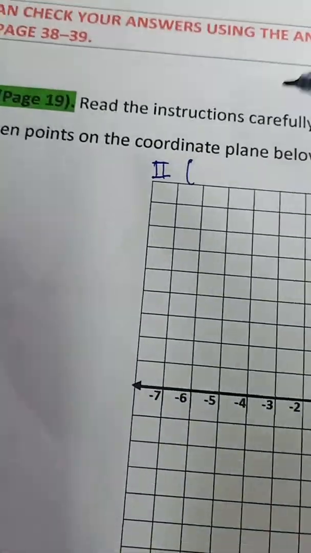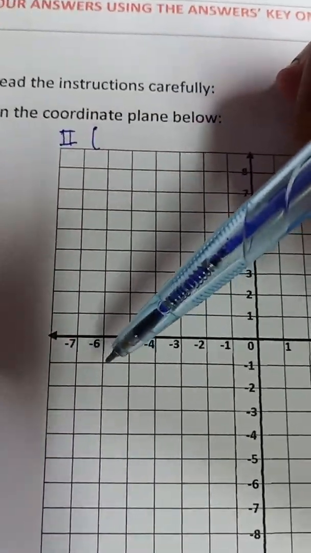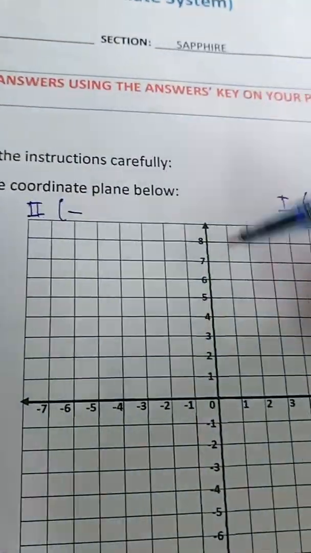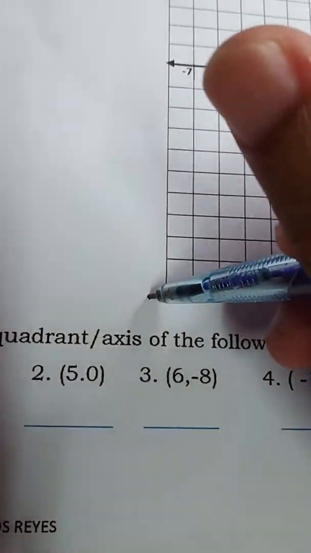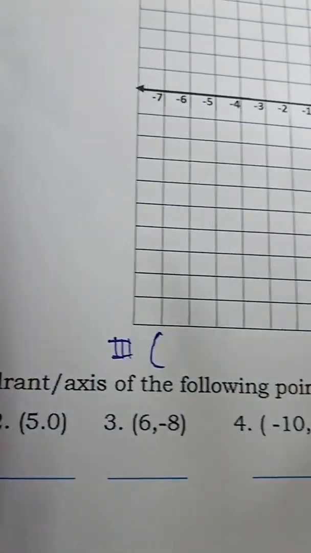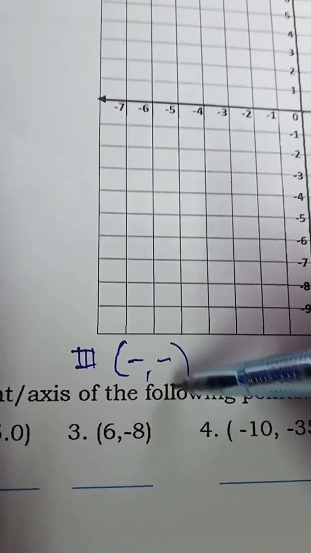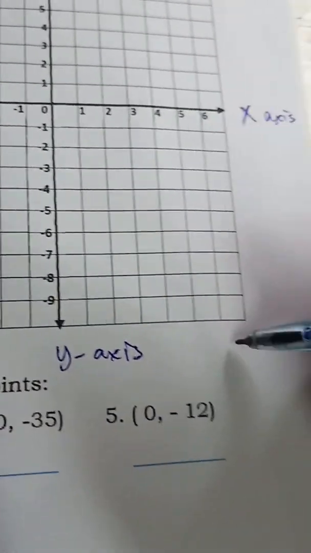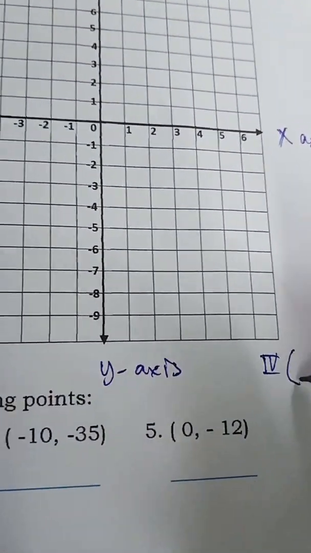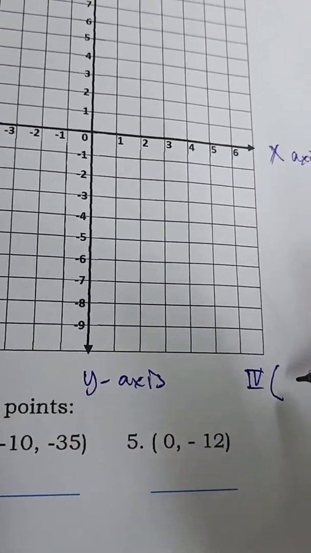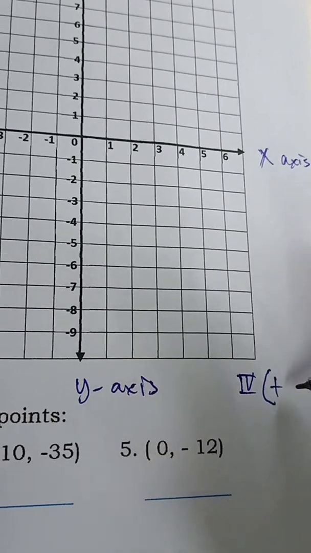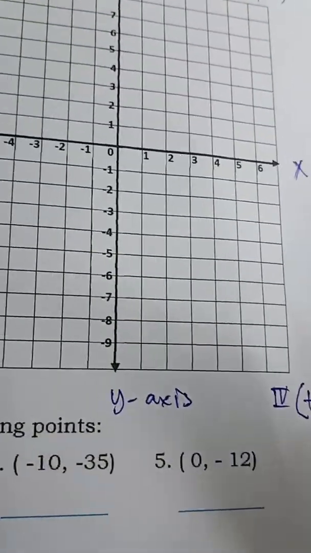Quadrant number 2, start from x-axis, negative siya, okay? At yung y-axis naman niya ay positive sa ordered pair. Quadrant number 3, meron siyang negative sign. And quadrant number 4, meron siyang start from positive x-axis, di ba? Positive. And we have negative y-axis for this region.